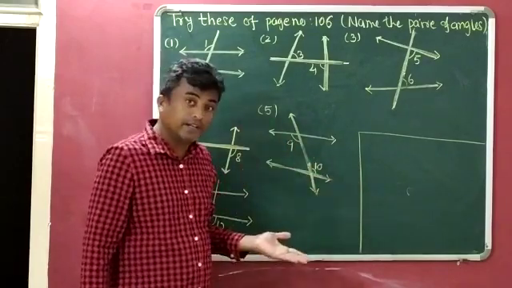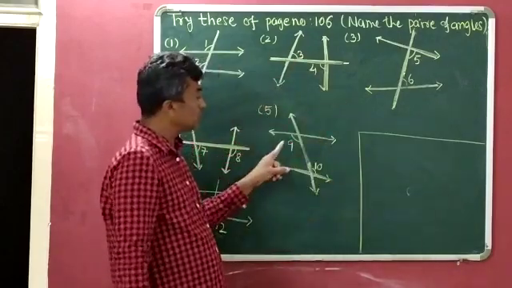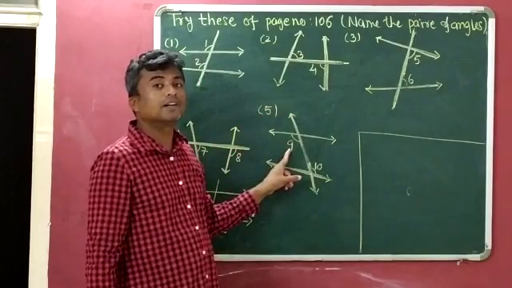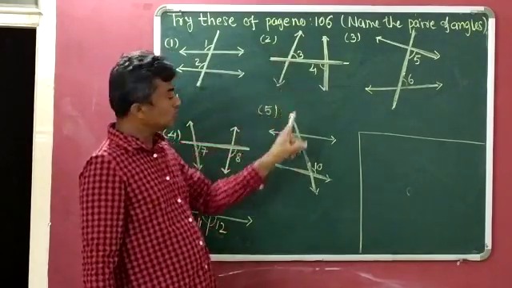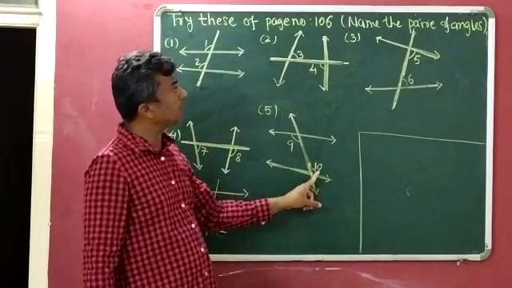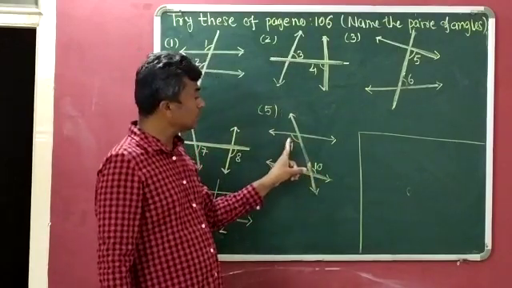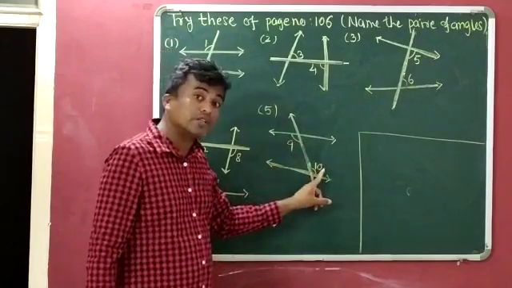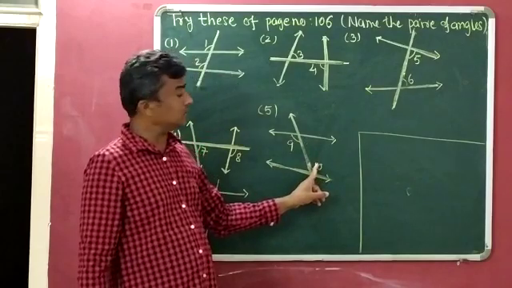Both are interior angles and they lie on opposite sides of the transversal. So they are alternate interior angles, like question 2. Angle 9 and angle 10 are alternate interior angles because they lie on opposite sides of the transversal and they are interior angles.